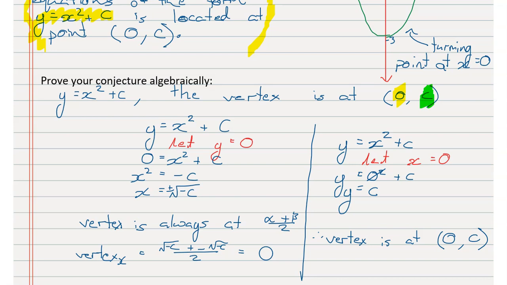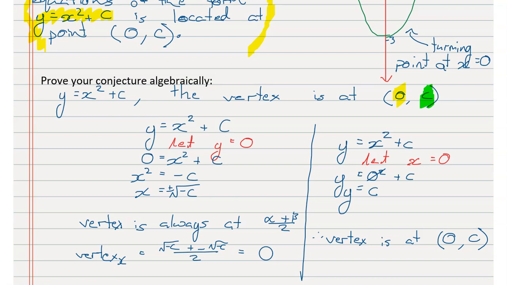So what we've done in this part B is we've proven the conjecture of the vertex being at (0, c) for the form y equals x squared plus c. The first bit we did was find the roots, and it was a complex root, but because the roots are symmetrical across the y-axis, they cancel out, so the vertex is always going to be at 0. Then we used our vertex of 0 and subbed it into the equation to solve for y, and we found that when x is equal to 0, y is equal to c.